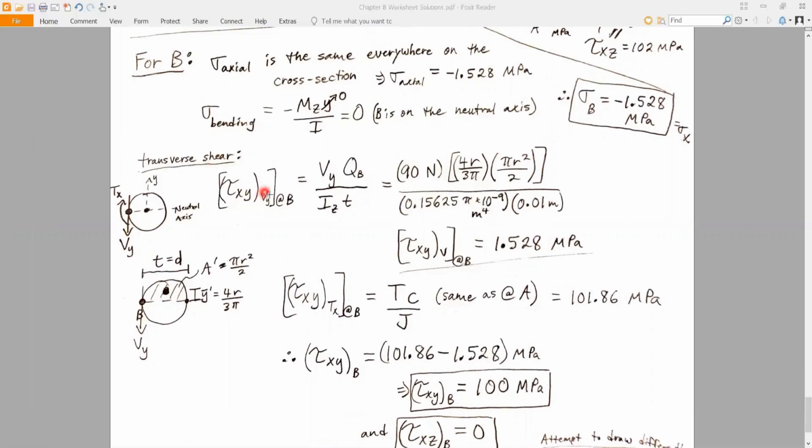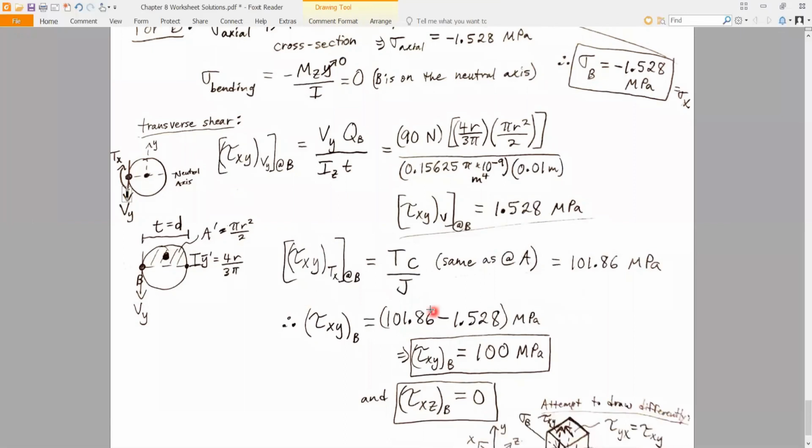Okay, this was tau xy due to our shear force at B. Now we're going to look at tau xy due to our torque at B. And I know it's going to be tau xy because we're applying a torque here. At this point, our shear stress direction is going to be going clockwise, so it's going to be up at 9 o'clock here. So same as A for our TC over J, you get 101.86.